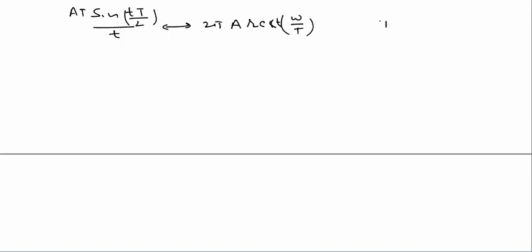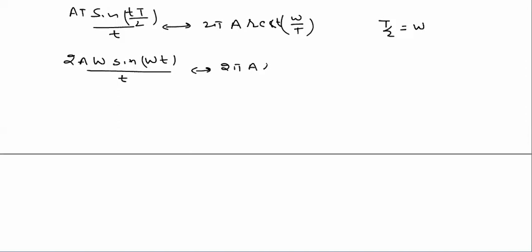If capital T by 2 is replaced with W, then 2AW sine Wt upon Wt has transform 2 pi A rect omega upon 2W.